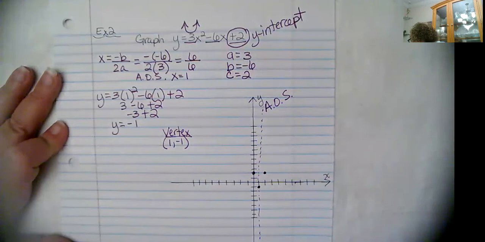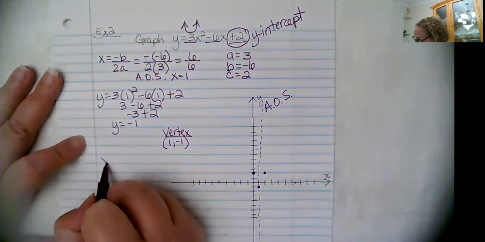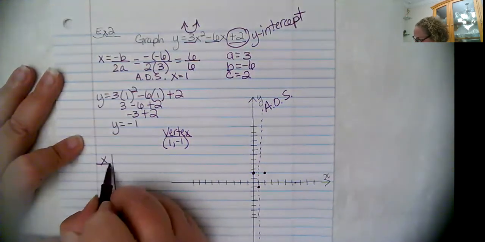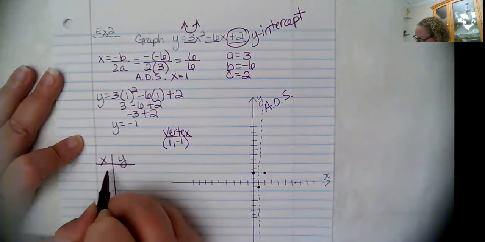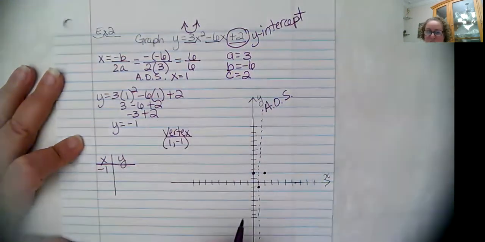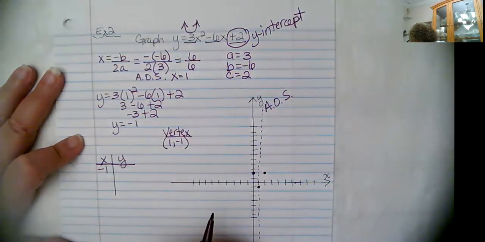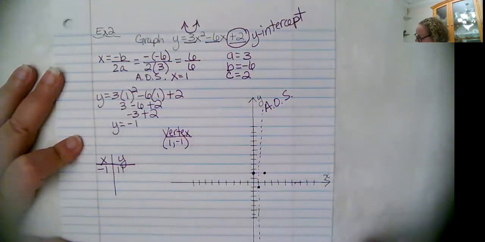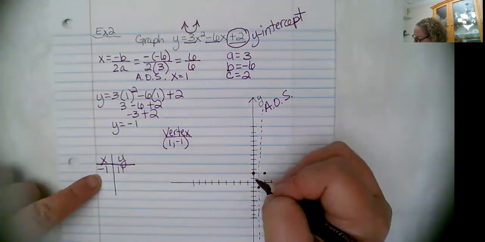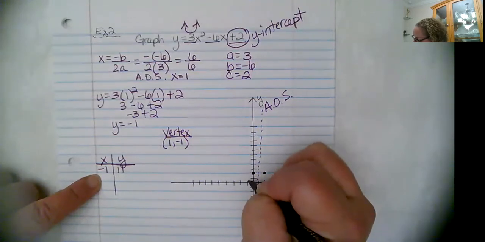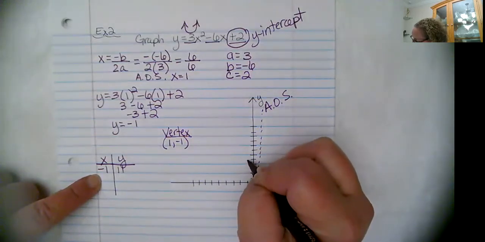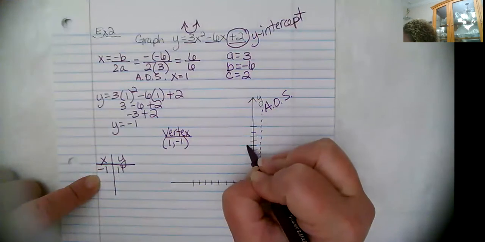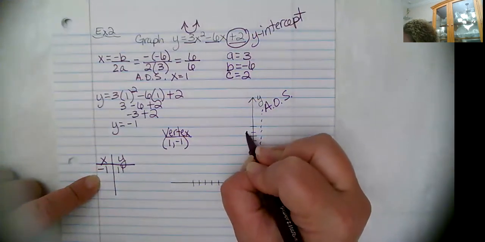So where x is equal to -1, when you plug it back into the equation, we get that y is equal to 11. So where x is equal to -1, y is equal to 1, 2, 3, 4, 5, 6, 7, 8, 9, 10, 11.